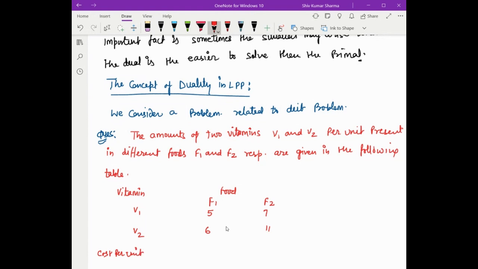The cost per unit is 10 rupees for the first, and 15 rupees for the second. And the minimum daily requirement is 80 and 100.